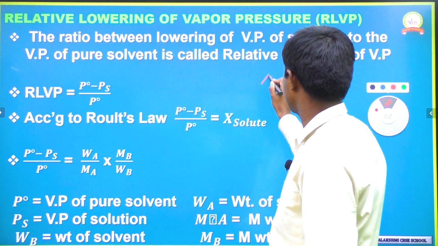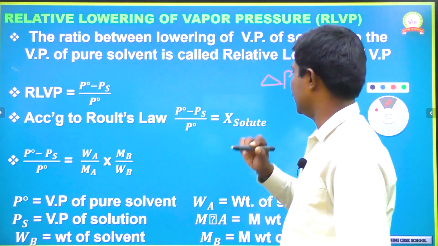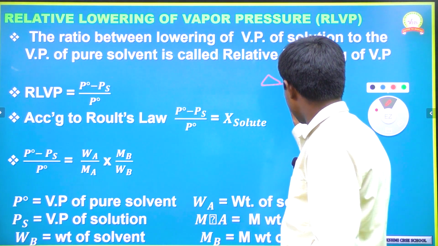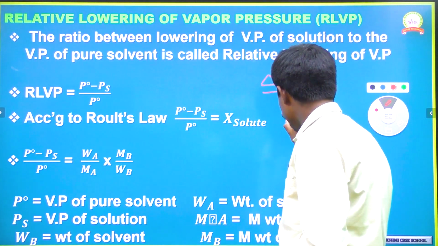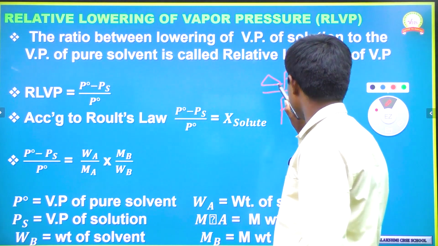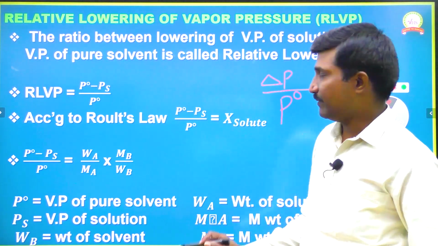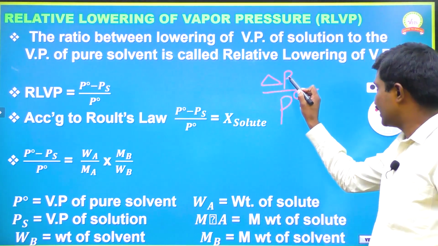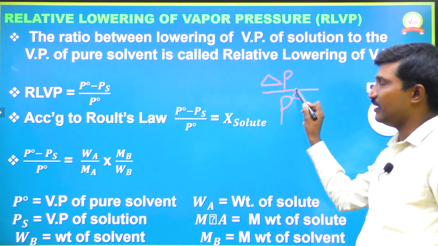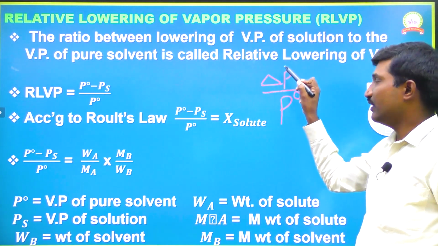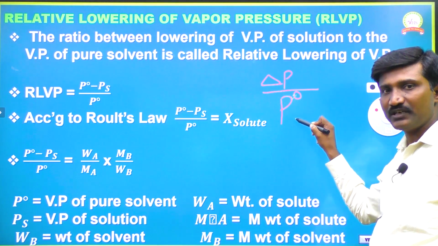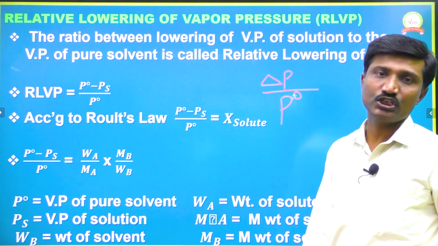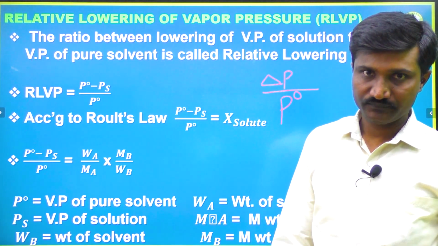Just now we discussed that lowering of vapor pressure is delta P, and I am representing the vapor pressure of pure solvent as P0.